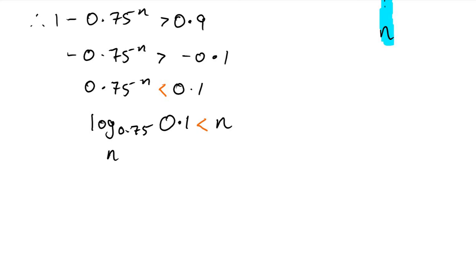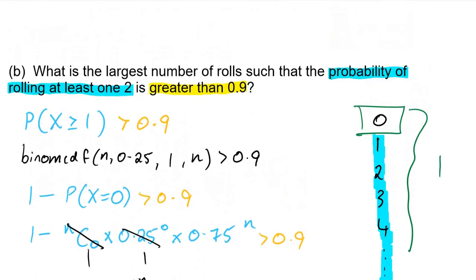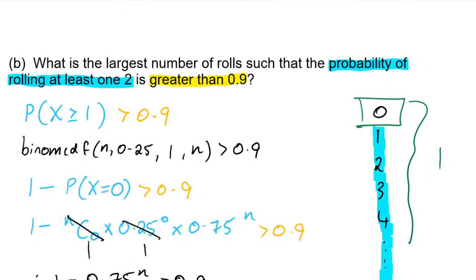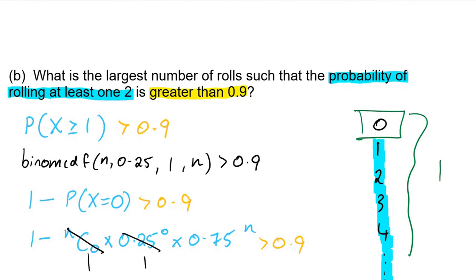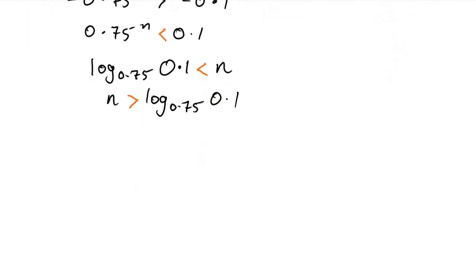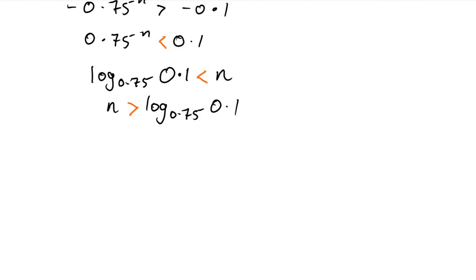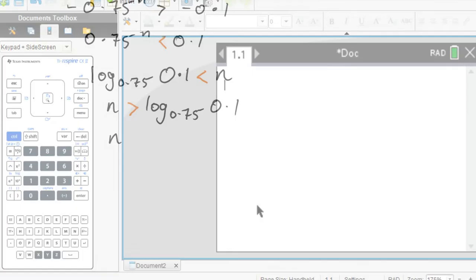And then, because we want n as the subject, we have to flip that inequality again. The question, remember, said what is the largest number of rolls, which is actually an error. It should say the smallest number of rolls, such that that probability is greater than 0.9. And so we're going to end up with an n is greater than, which will give us a minimum value.